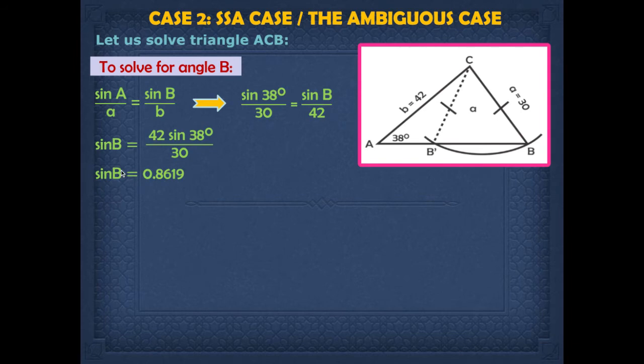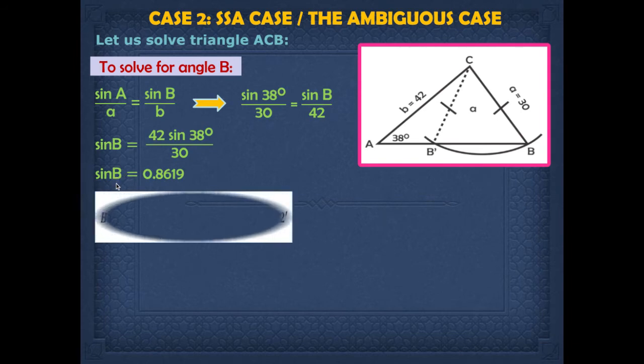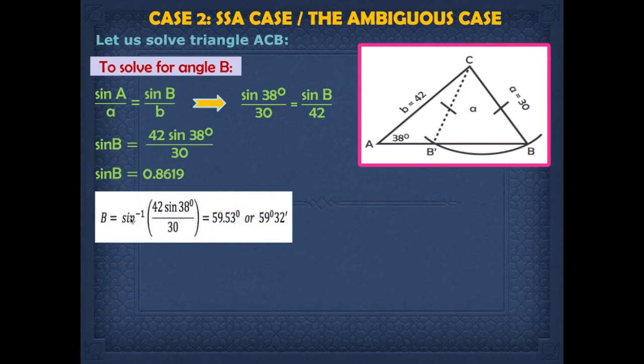Now, to solve for angle B, we will get the sine inverse. So B will be equal to the sine inverse of 42 sine 38 degrees over 30, and that will give us a value of 59.53 degrees or 59 degrees 32 minutes.